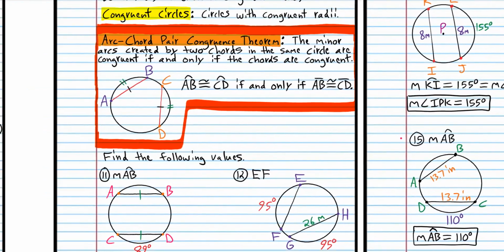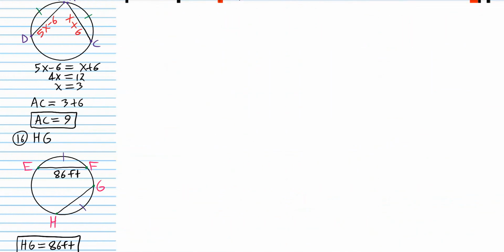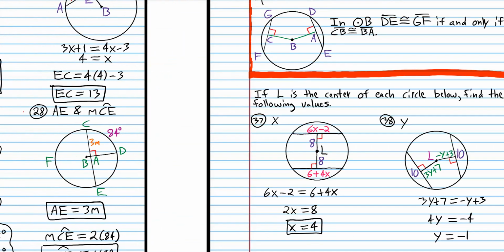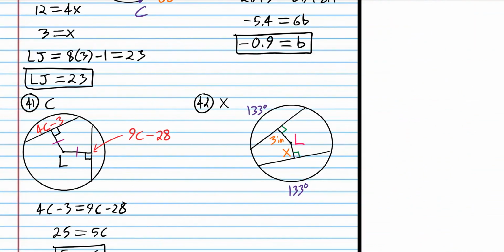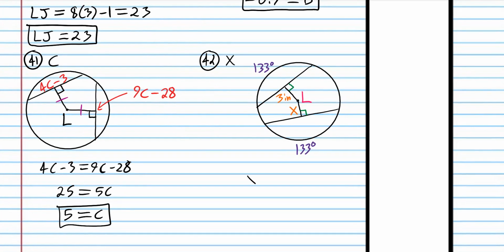If those arcs are congruent, the chords that create those arcs must be congruent also. So these chords have equal length. But if the chords have equal length, they must be equidistant from the center, which means that if one side is 3 inches, the other side must be 3 inches also.